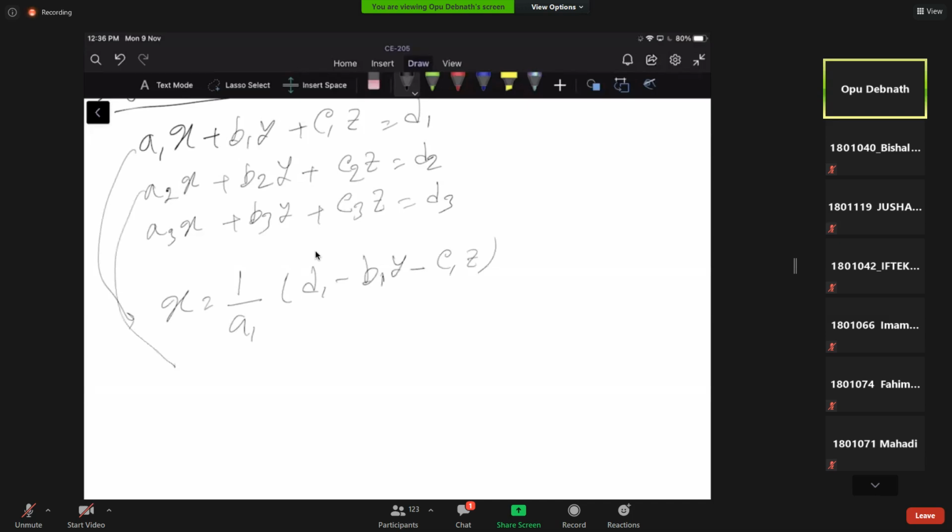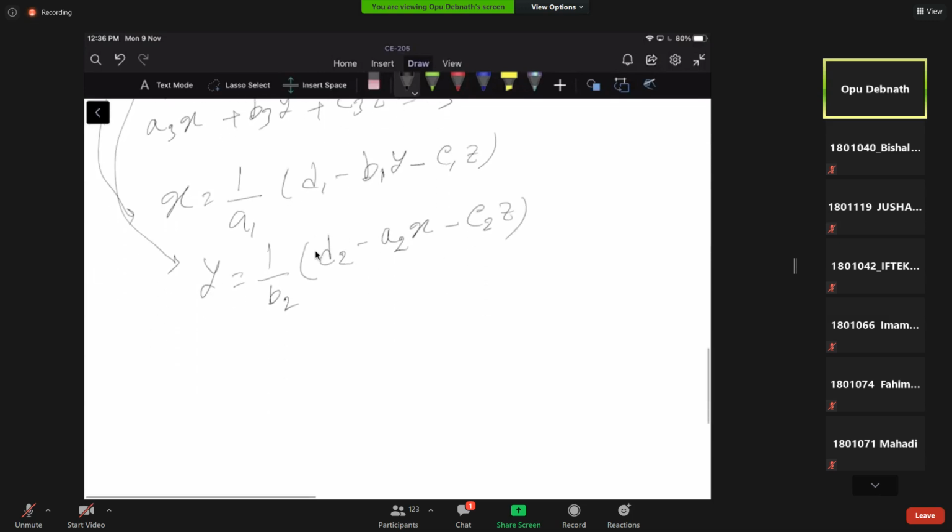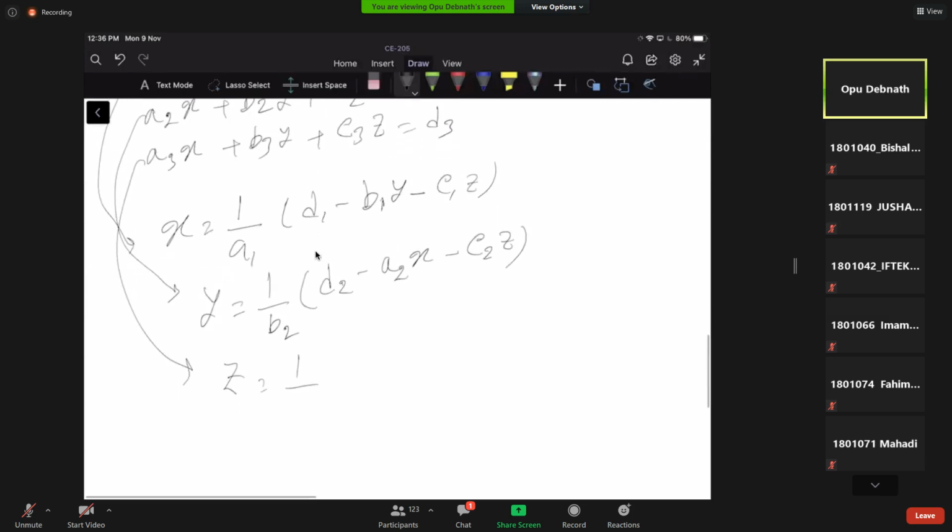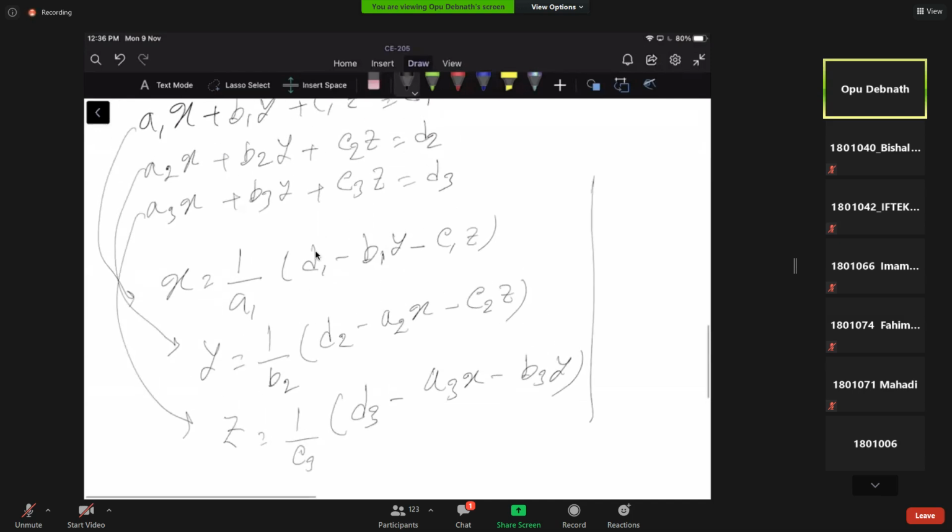Similarly, for y, taking it as the unknown, y is equal to 1 by b2 of d2 minus a2x minus c2z. And for z, z is equal to 1 by c3 of d3 minus a3x minus b3y. These are just rearrangements of the equations.